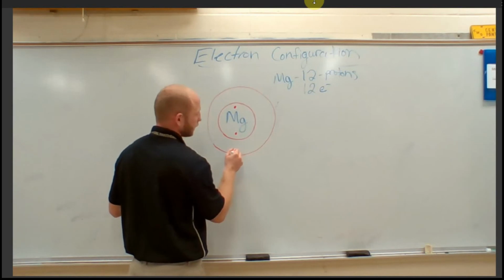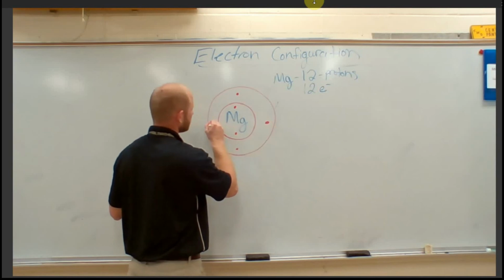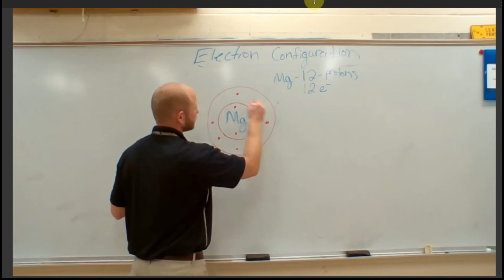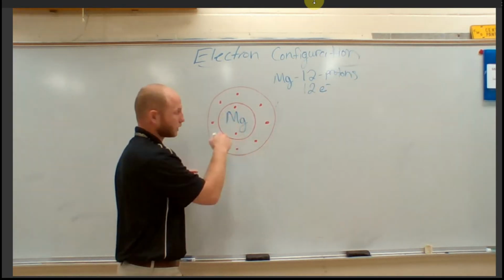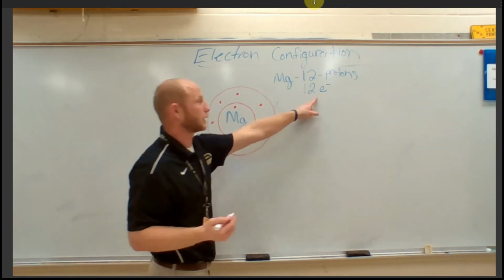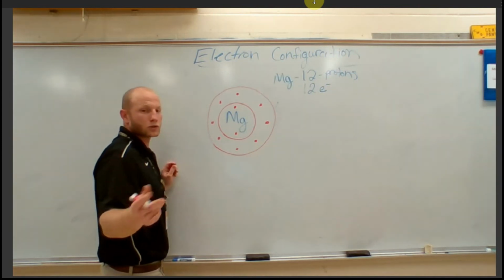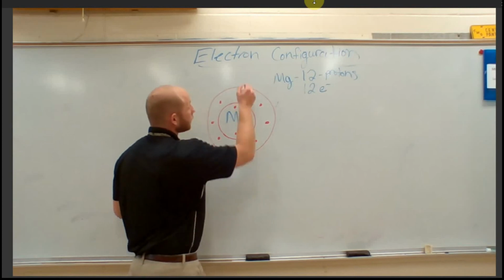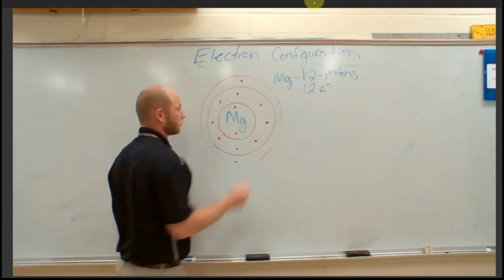So this can only hold 8. 1, 2, 3, 4, 5, 6, 7, 8. All right, so right now I have 10 total. 2 in the first, 8 in the second, so I have 10, but I need 2 more. My second through seventh energy levels can only hold up to 8 electrons, so those 2 electrons will spill out into the third energy level.